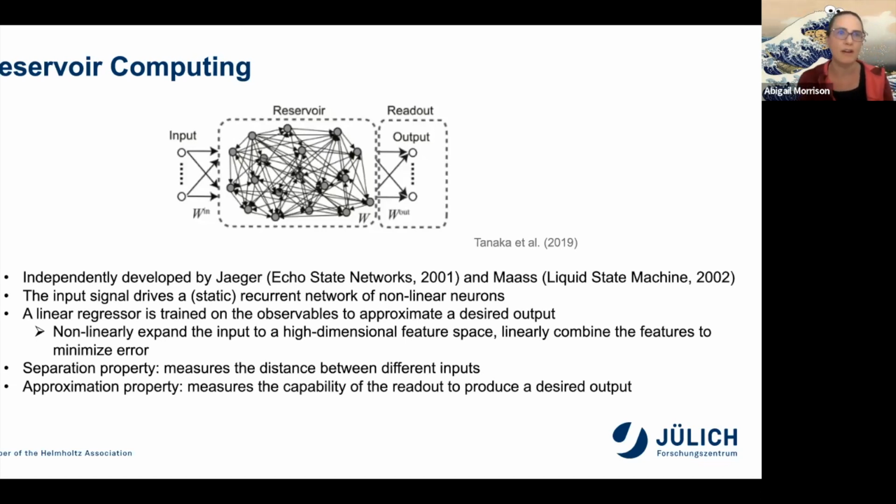In both cases, you have an input signal, which is driving a static recurrent network of something. So in our case, neurons, but it could be anything that has a nonlinear component. So it could be a bunch of nonlinear springs, or it could actually be some fluid or something. And then this projects to an output.